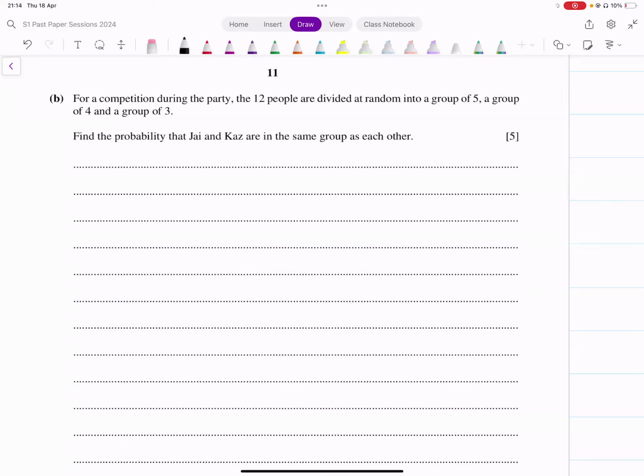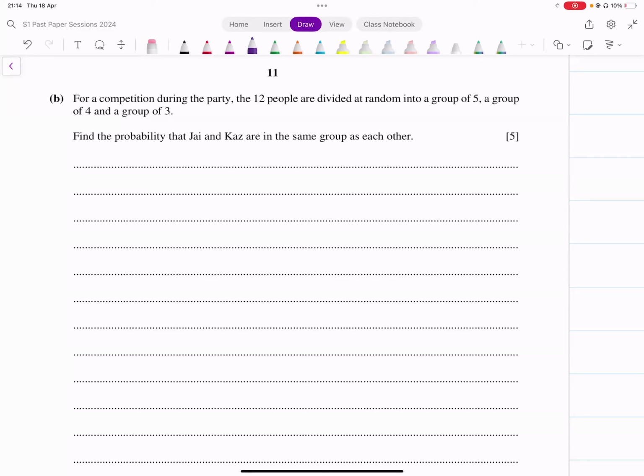Find the probability then that J and K are in the same group as each other. That's a 5-mark question. We need to find the probability that they are in the same group. Now, how many total possible groups are there, first of all, without any conditions?